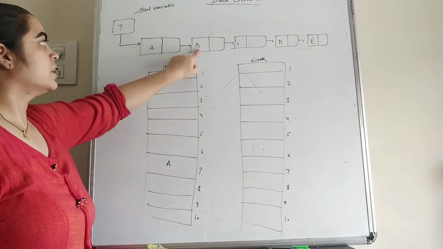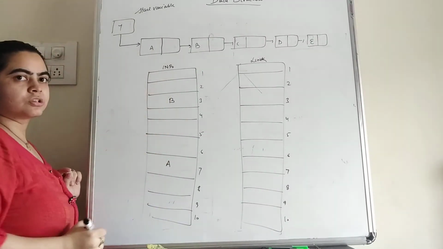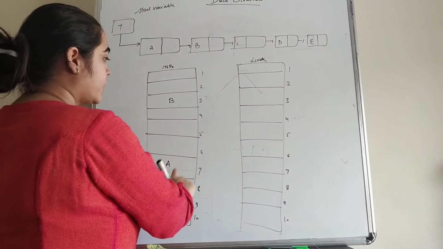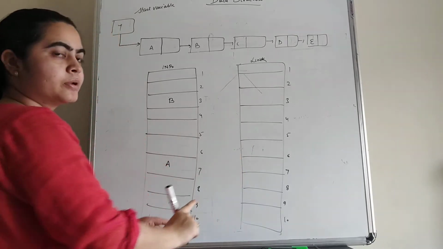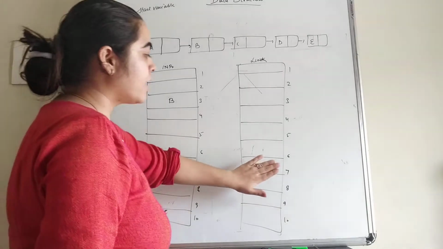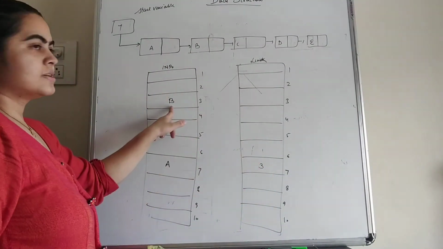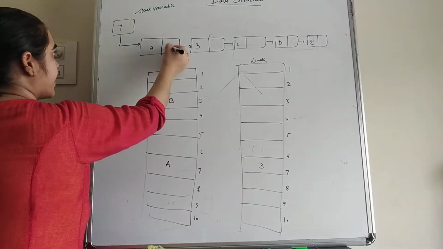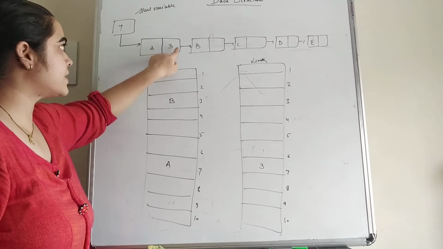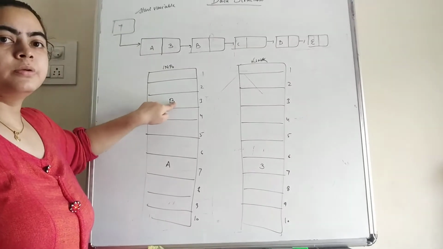So after A the next data element is B. Now suppose B is stored at memory location 3. So in front of this, in the parallel array we can update the address at the same memory location. So here A is stored at the 7th memory location, so at this 7th memory location we can write 3. So 3 is the address of B. So that means A contains the address of the next data element, and the next data element is at 3. So at third memory location B is stored.